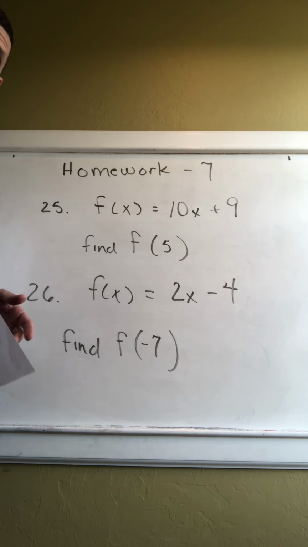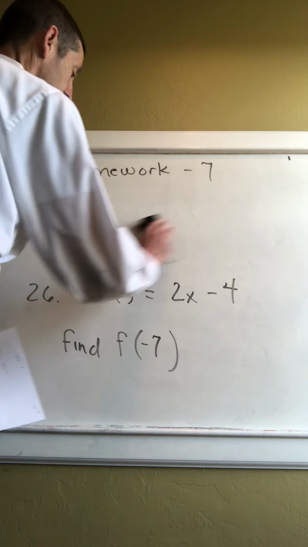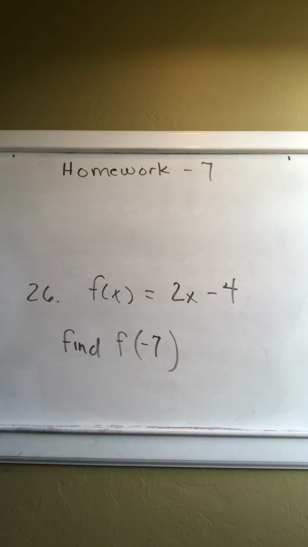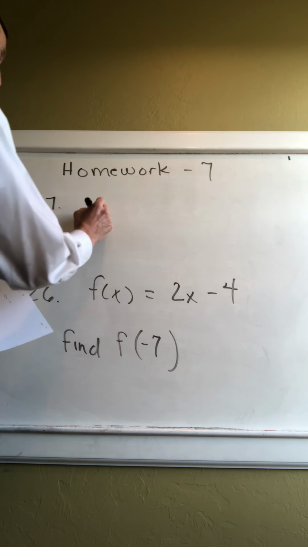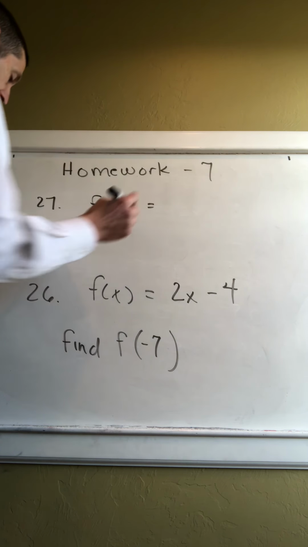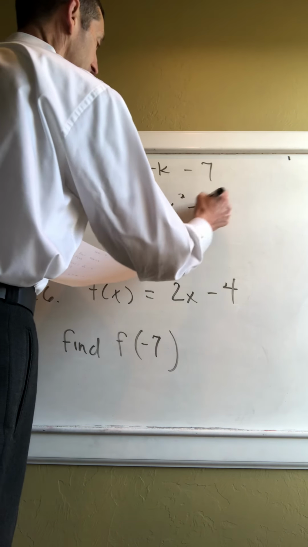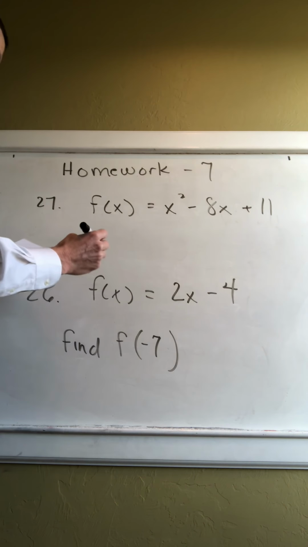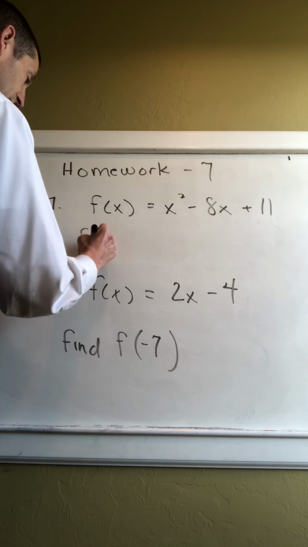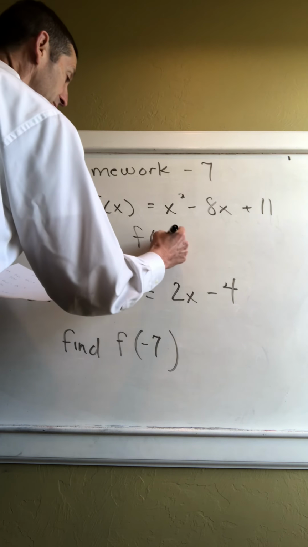All right guys, so I got 4 of these. We got 25, 26, 27, and 28. There's the first 2, 25 and 26. Let's get the next 2 up here. So here's 27. f of x is equal to x squared minus 8x plus 11. And you'll find f of 3.